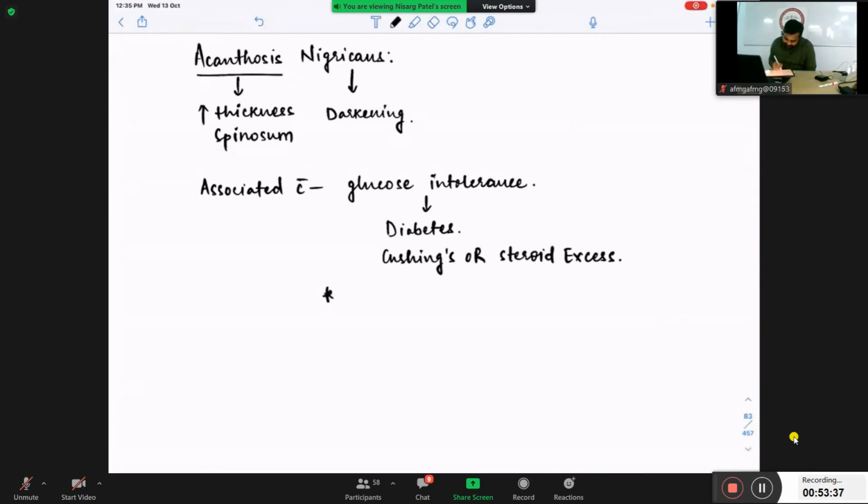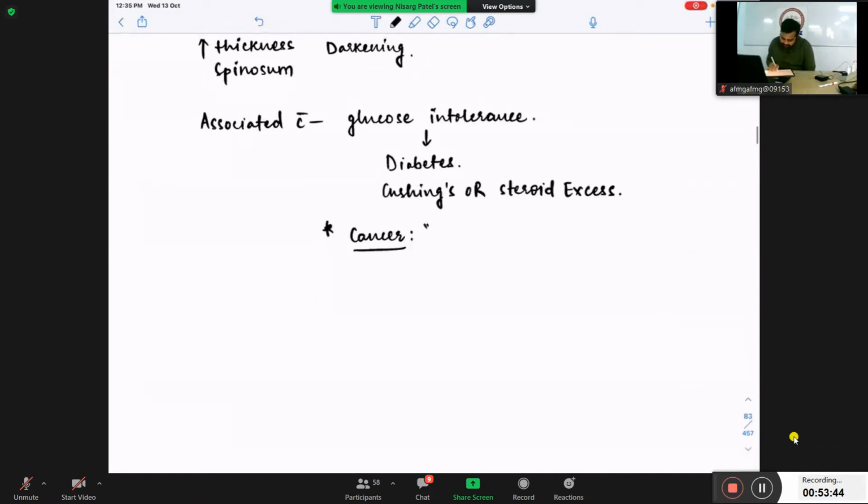But they ask which cancer is associated with acanthosis nigricans. Answer is gastric adenocarcinoma.